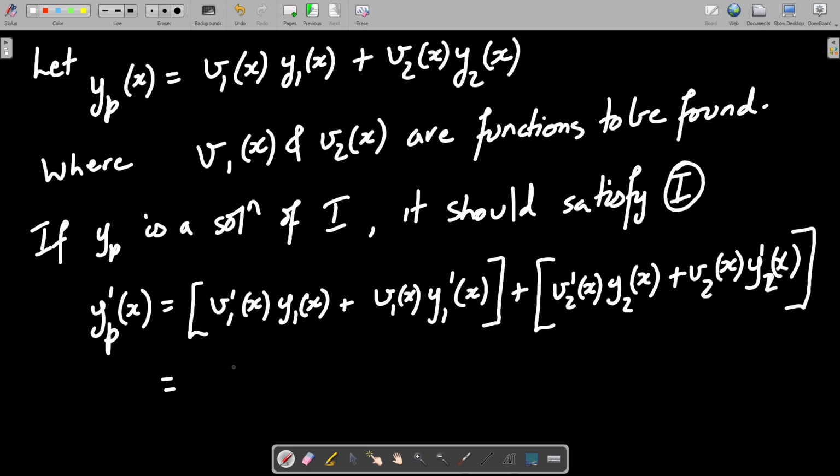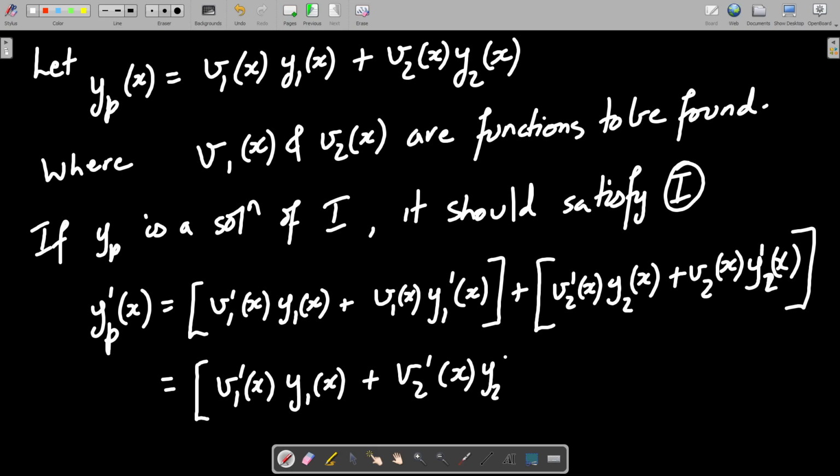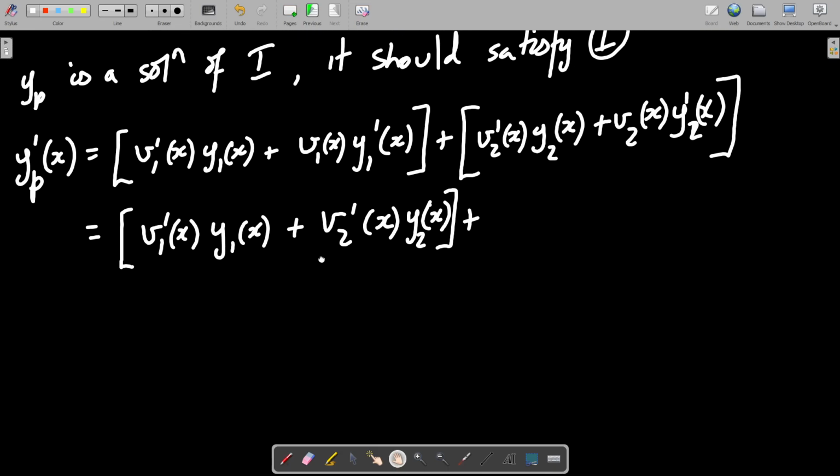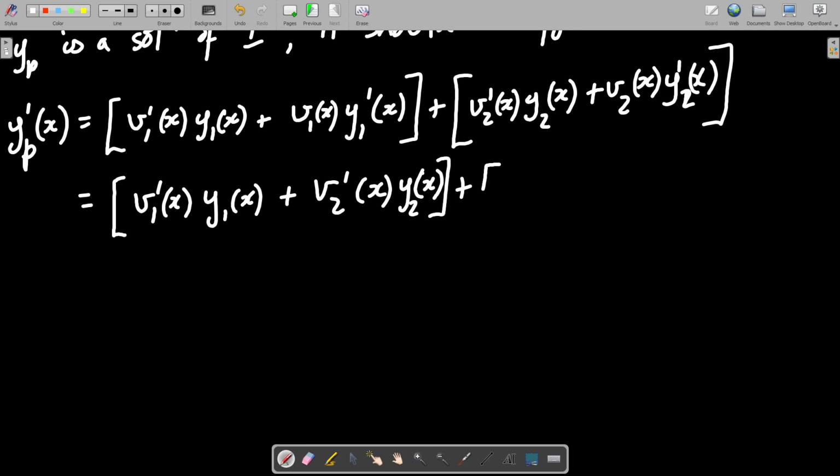Okay, so I'll just collect the terms together which have derivatives accordingly. So this will be v1 prime of x times y1, and v2 prime of x times y2.